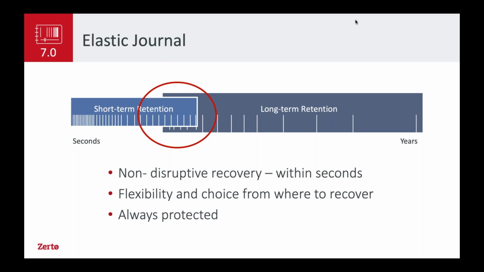It's the flexibility to choose from either the short-term journal, which you're going to have on near-term go-fast storage, or if you want to go to a long-term retention, that might be on a purpose-built backup appliance of your choice. And you're always protected. So be it from a meteor blowing up your data center and you having to go up to the cloud or going to your secondary data center, you'll always have that media break.